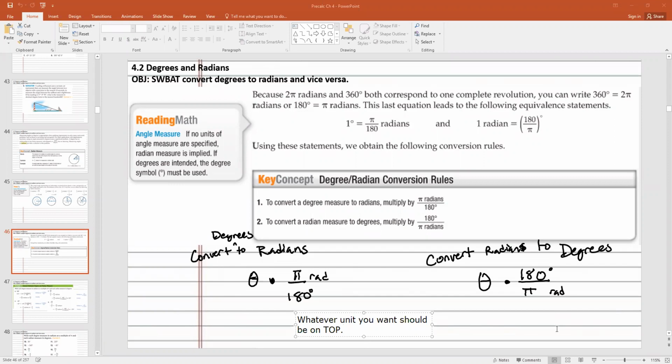So if it's radians that you want, then pi radians should be on top. If it's degrees that you want, then 180 degrees should be on top. So as long as you remember that, it should be fine. And remember, pi and 180 are equivalent to each other.